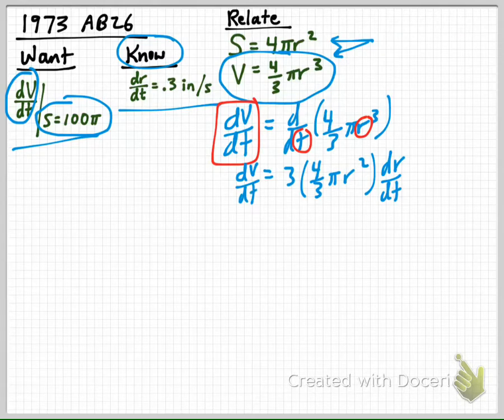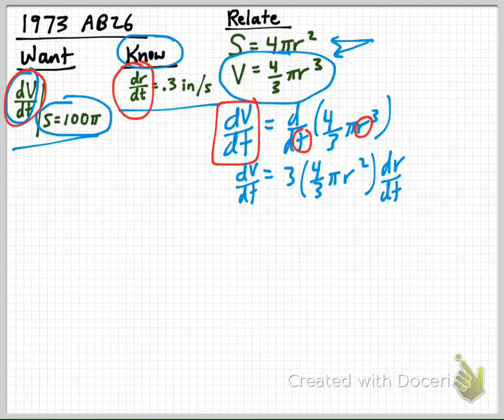These related rates problems always have plenty of safety nets. Safety net number 1 is when you write down what you want over here, that tells you what to do. If you want a dV/dt and you don't have one but you have a V, then you just differentiate it with respect to t.